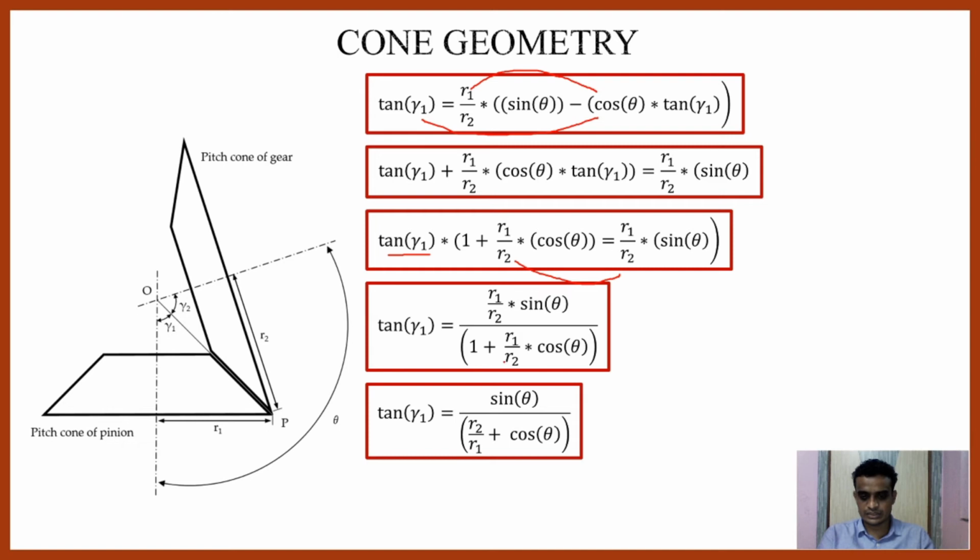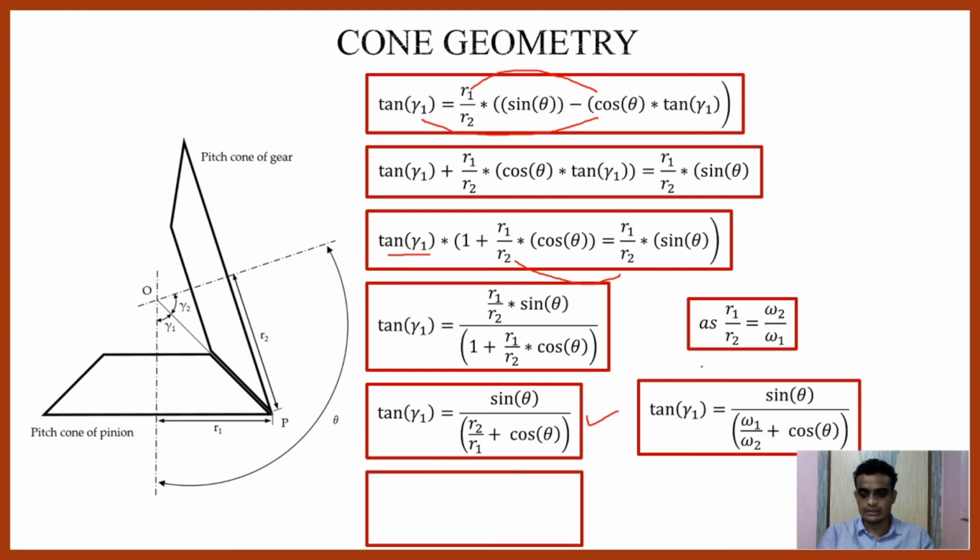By taking r1 upon r2 as a common term in this equation, it gets cancelled, and tan gamma 1 is equal to sin theta upon r2 upon r1 plus cos theta. This is the final expression for tan gamma 1, expressed in terms of the total shaft angle and the pitch cone radius.